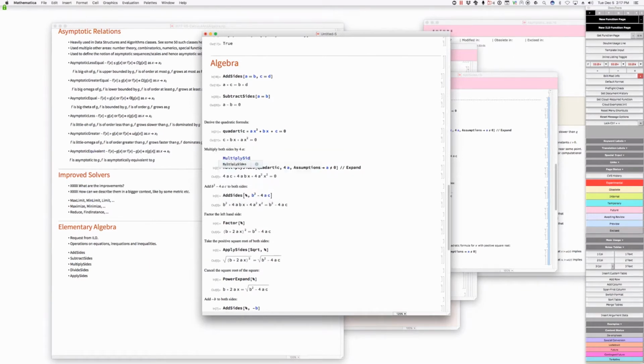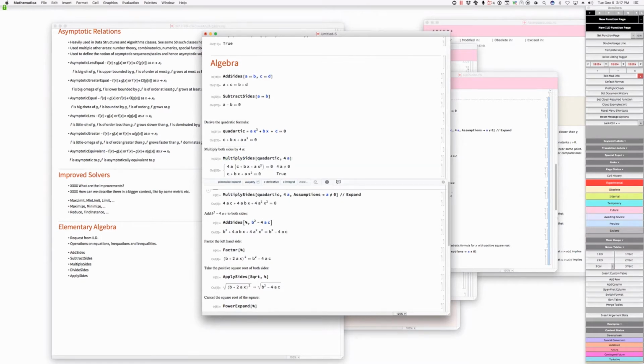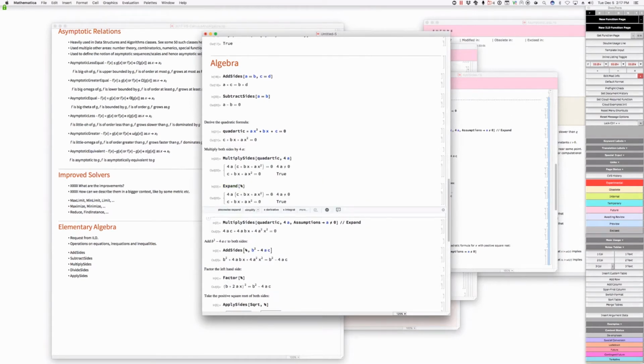Or would we get a piecewise expression? Oh wow. Well, right there. Since this is intended to be for the elementary, why do we get this? Because if A is 0, then you've multiplied both sides of an equation by 0, and that's not defined. Why didn't the expand burrow its way into that conditional expression, the piecewise expression?